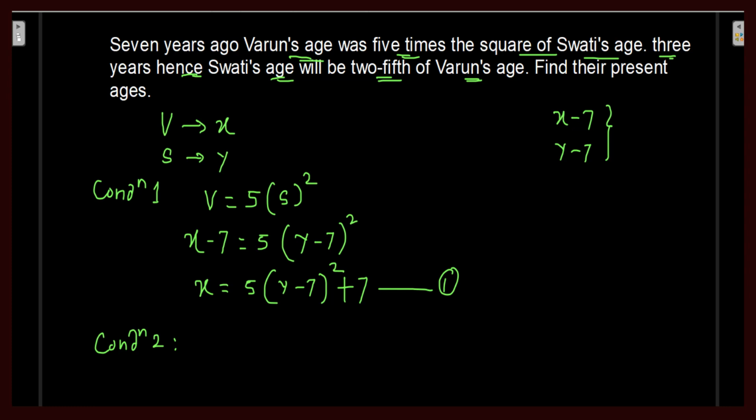Varun's age will be X plus 3 and Swati's age will be Y plus 3, and the relation between these two ages is that Swati's age, that is Y plus 3, is 2/5 of Varun's age.